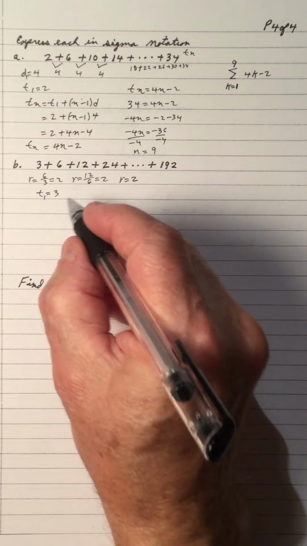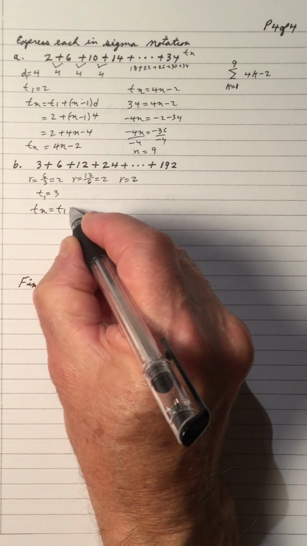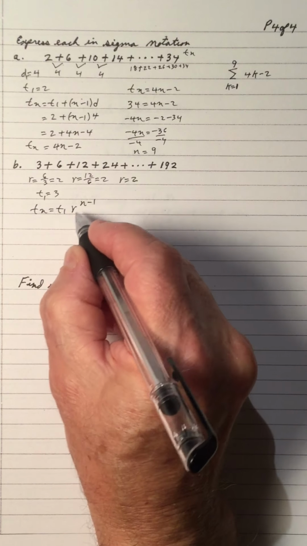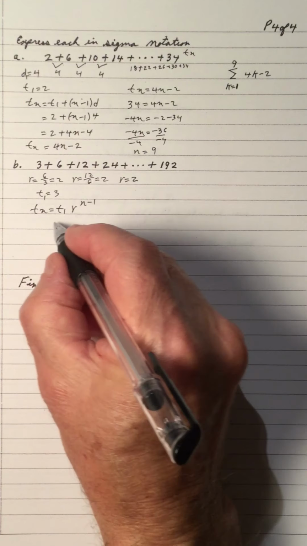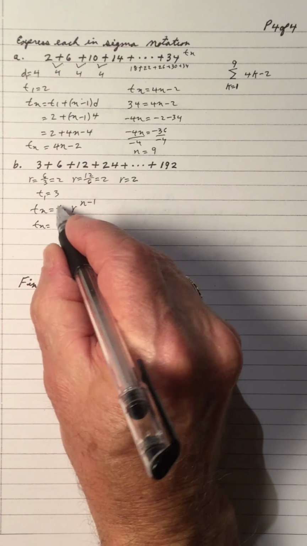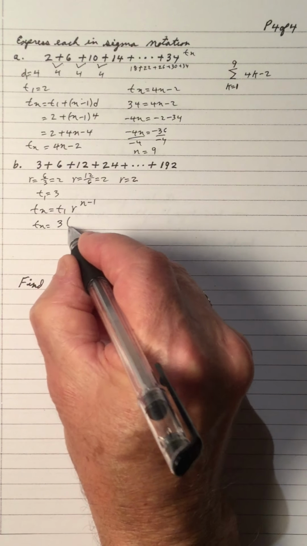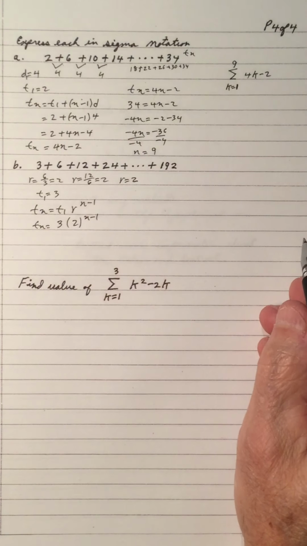So the equation is Tn equals T1 r to the n minus 1, because it's a geometric series. So Tn is equal to 3 times 2 to the n minus 1.